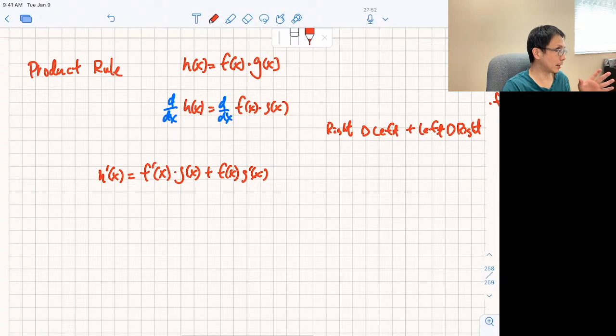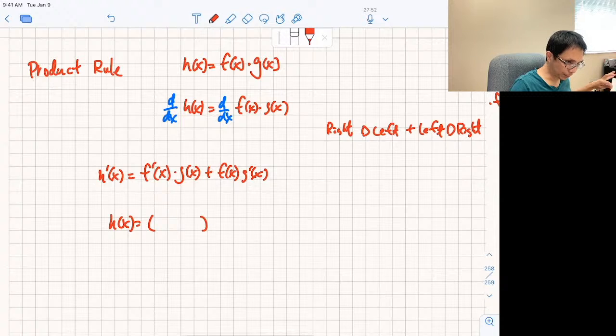So basically, if two functions multiply each other, I'm going to use this thing called the product rule. How do I know when two functions multiply each other? In this first case, we're going to call this h of x, and it is two functions. We're going to have two parentheses.